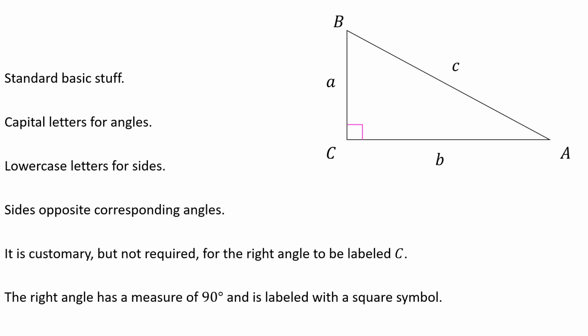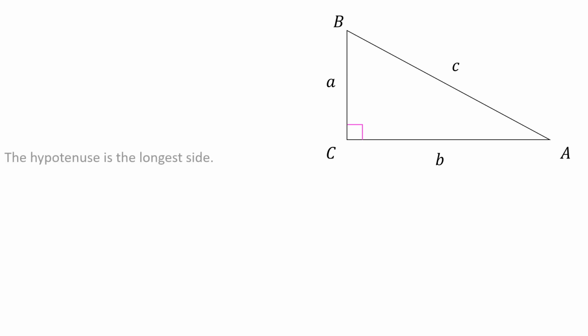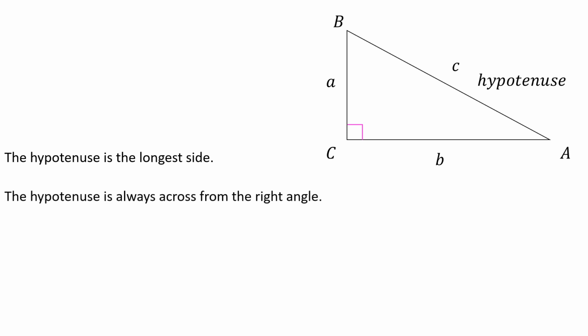All right, that means it has a measure of 90 degrees, right? It's a right angle. Longest side, again, is the hypotenuse. We usually use the letter C for hypotenuse because we usually use capital C for the right angle. All right? Hypotenuse is also across from that right angle.